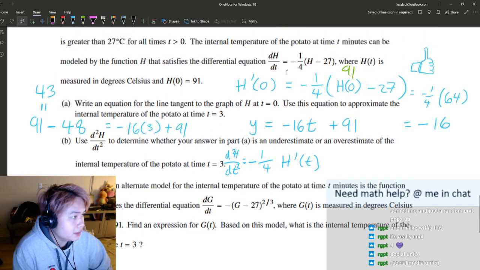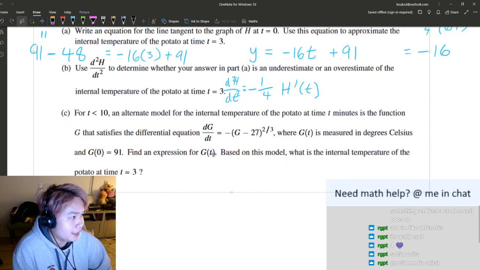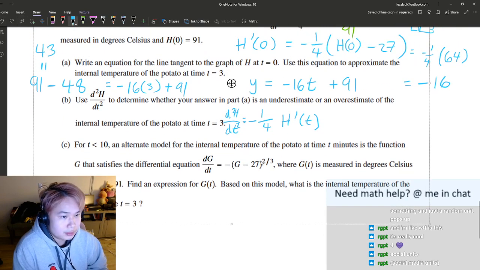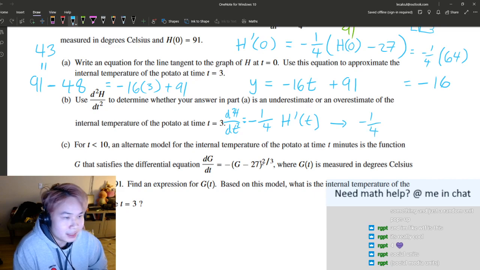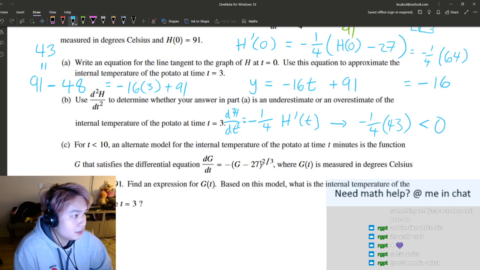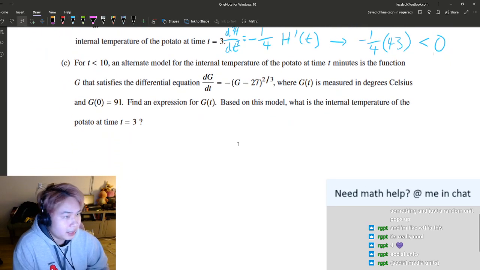Yeah, so if you took the derivative of this, then you just get the negative 1 over 4, and then you need to chain rule with the function of h. And then at time 3, I know this is just negative 1 over 4 times 43, which is negative. So in terms of your approximations, you have a negative.